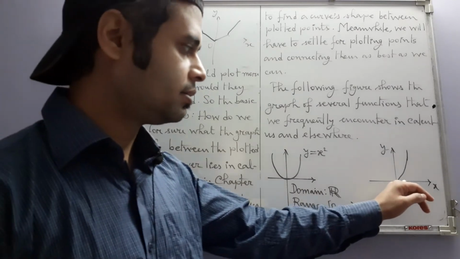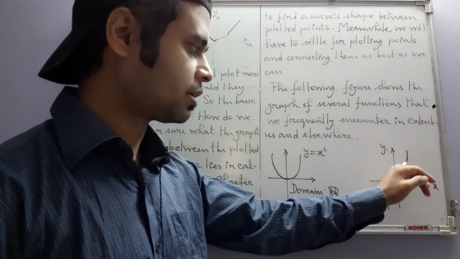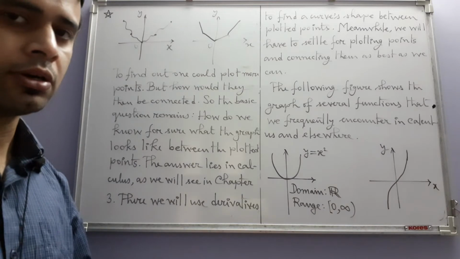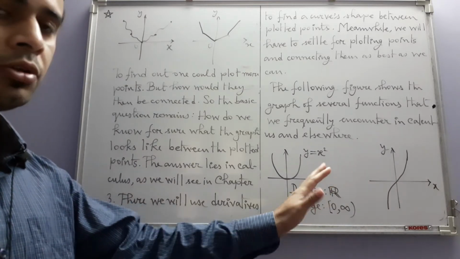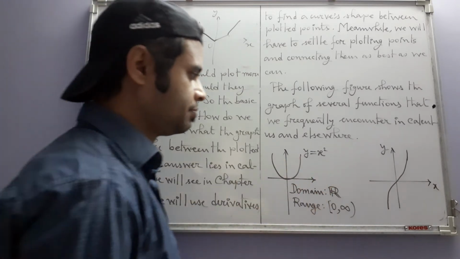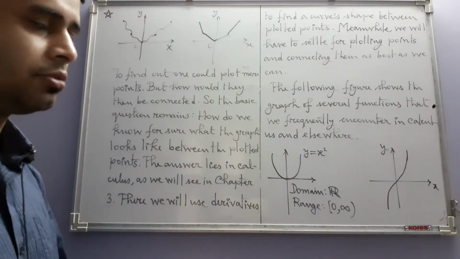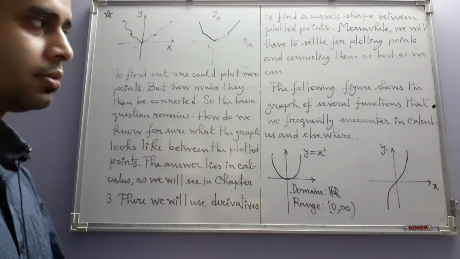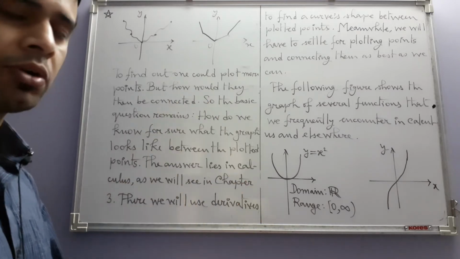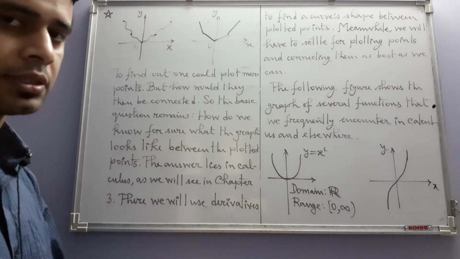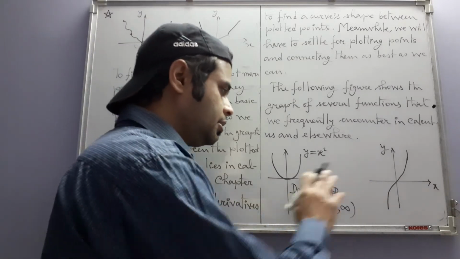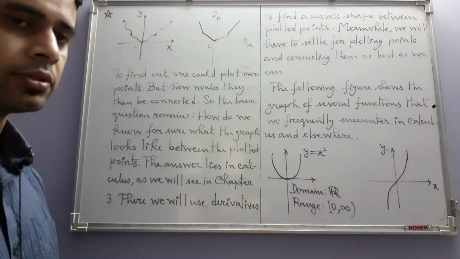How exactly the function goes through the origin, we are not taking those things into account. You can of course use a graphing calculator, or you can plot by making tables and then plotting points and joining those points. That way also you can see exactly how the graph looks.